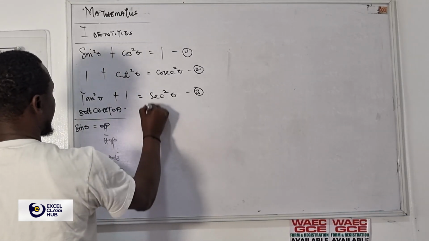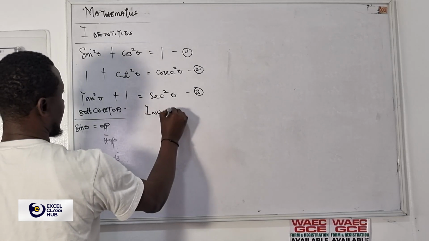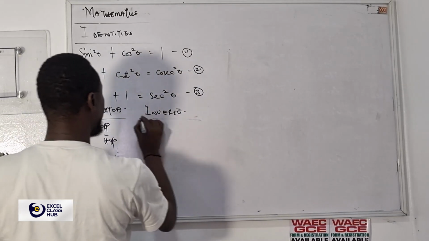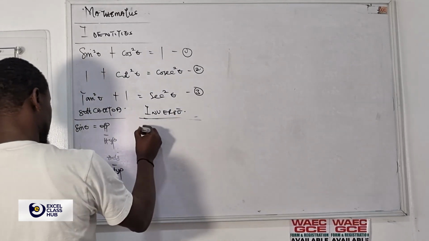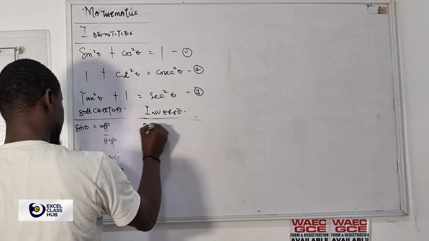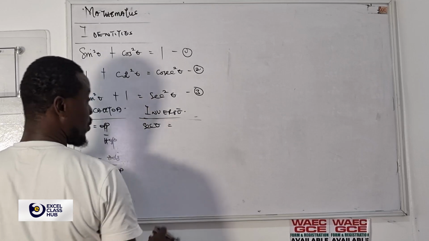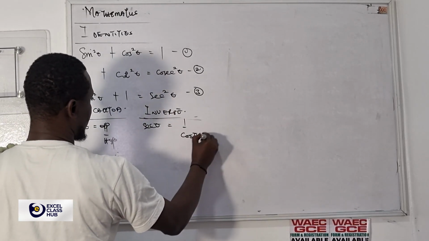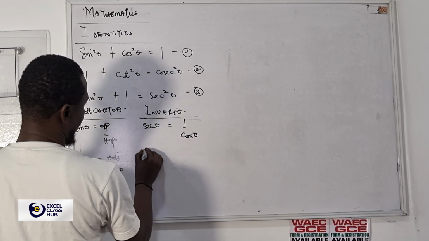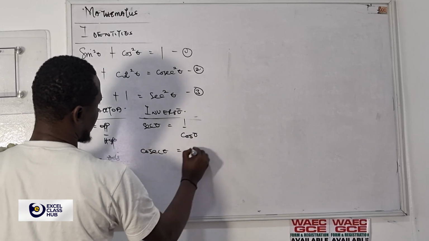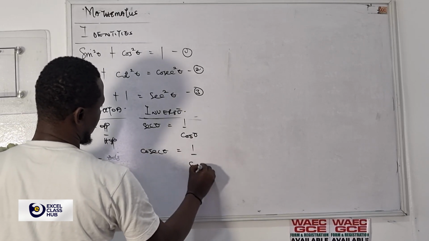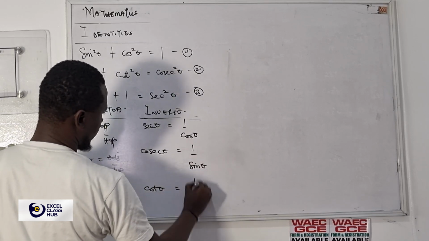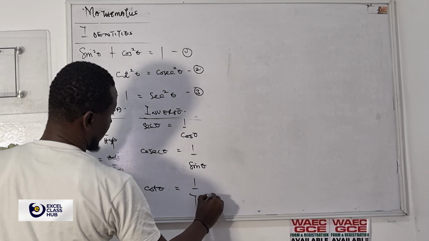And please still remember your inverses, because I believe I've proved all these formulas before. The first inverse that we have is sec θ, which I told you will give you 1 over cos θ, and we have cosec θ, which gives you 1 over sin θ. And cot θ is 1 over tan θ.